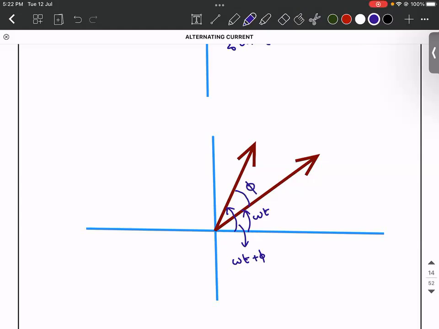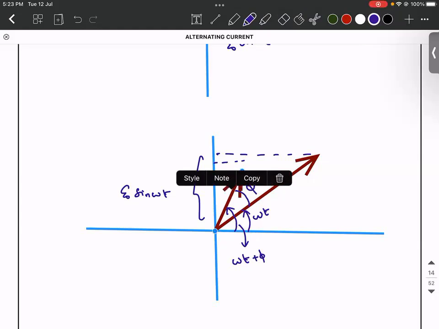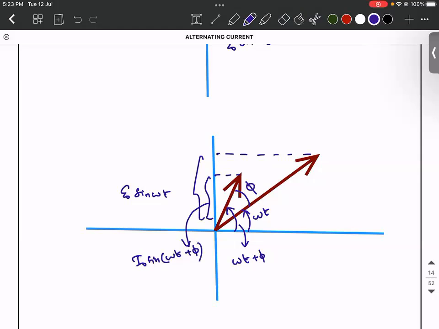There will be phi, right? So from the end of the first vector, if I drop a perpendicular, this is called E naught sine omega t. If I drop a perpendicular from here, this will be called I naught sine of omega t plus phi, because I need to write the corresponding angle it makes with the x-axis.